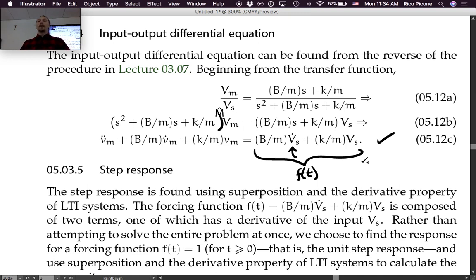But if we know the response to just 1 being the forcing function, then we can combine solutions using superposition, with the adding and the multiplying, and the derivative property, which handles the derivative term.